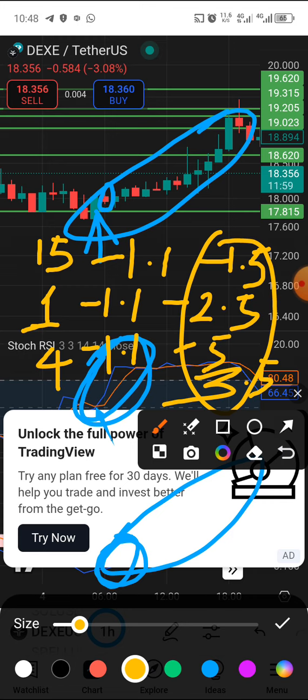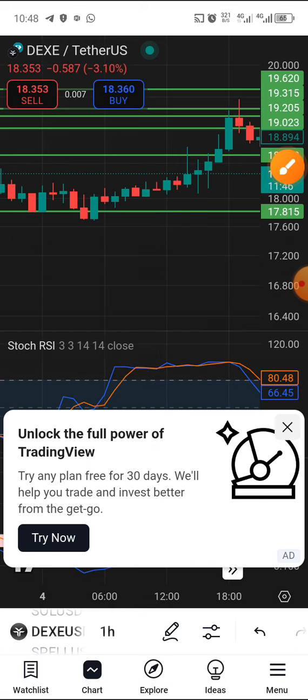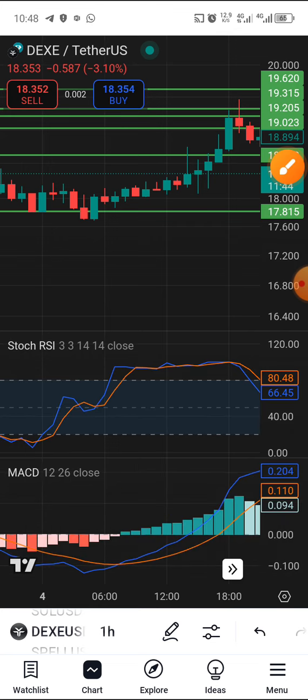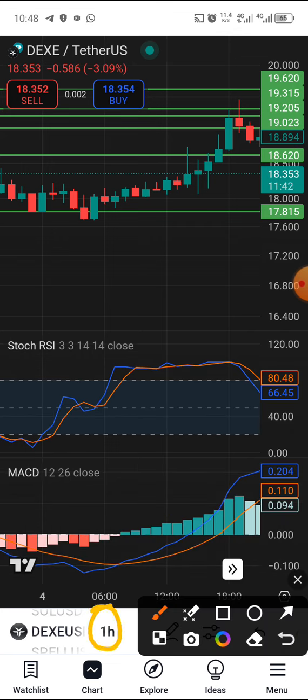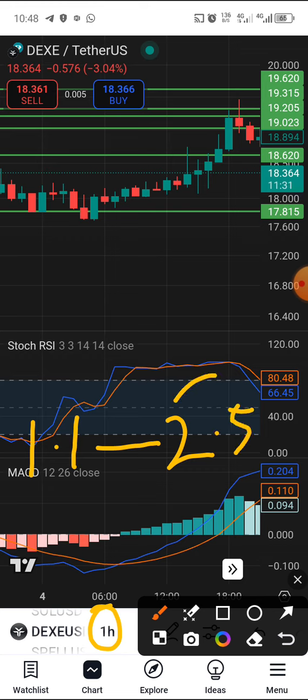So, if we are to measure, I think we are in a 1 hour time frame, right? We are in a 1 hour time frame, meaning our take profit must be 1.1, not exceeding 2.5.